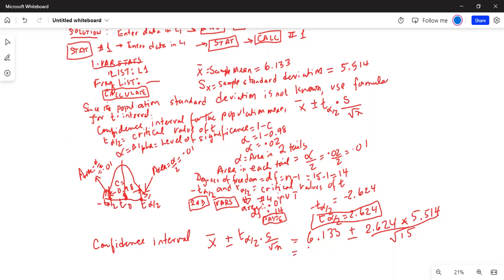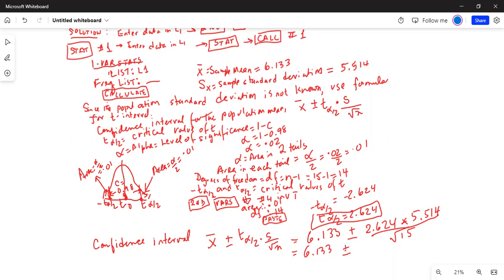So this is 6.133 plus minus, let's do the calculation, 2.624 multiplied by 5.514 divided by second button, then x squared gives you the square root, inside the square root sample size of 15.